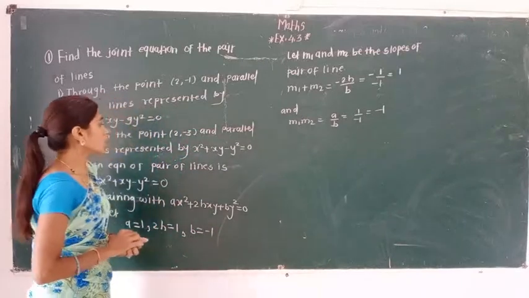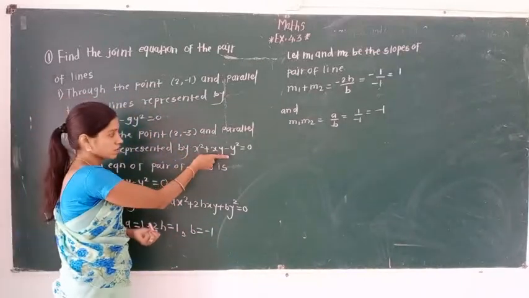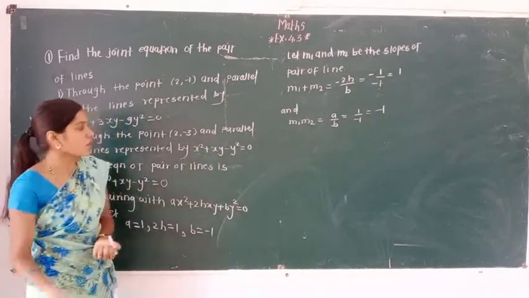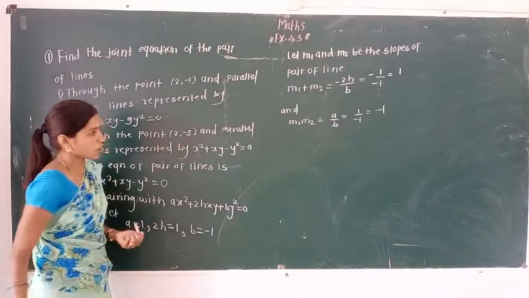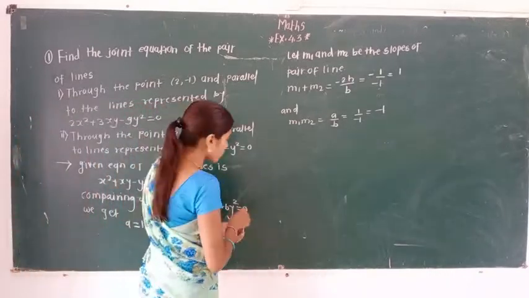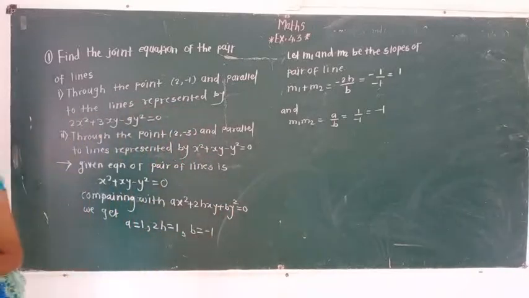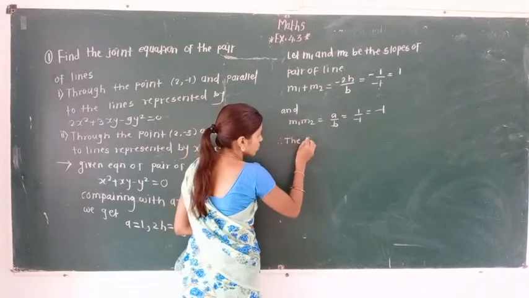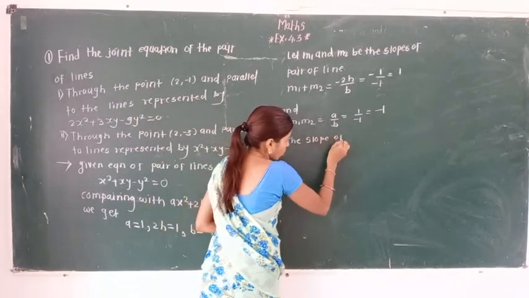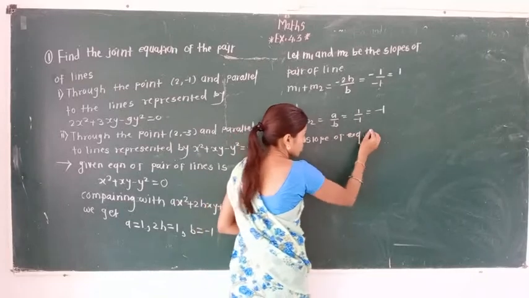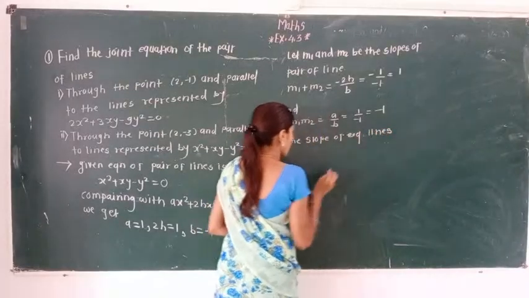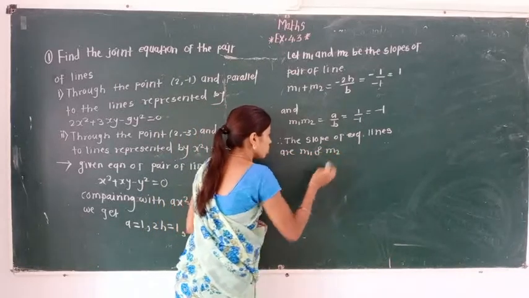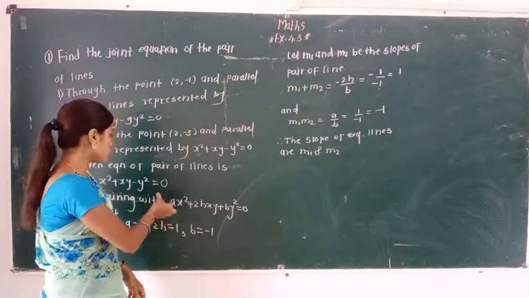Now the required lines are parallel to the lines given by this equation, and the required lines are passing through the point (2, -3). Therefore the slopes of the required lines are m1 and m2, because the required lines are parallel to the given lines.